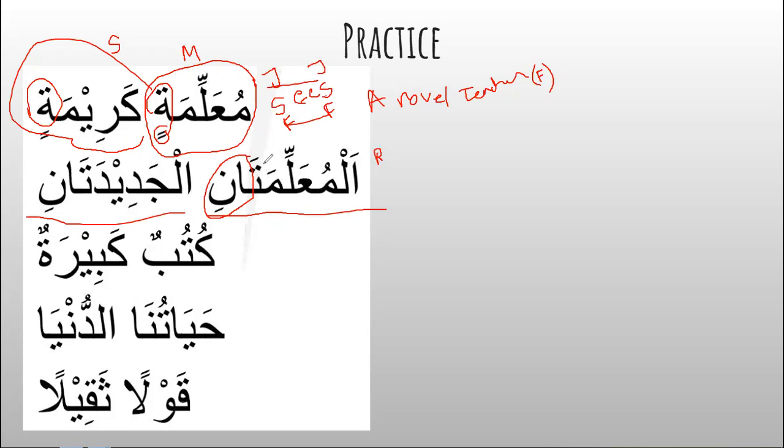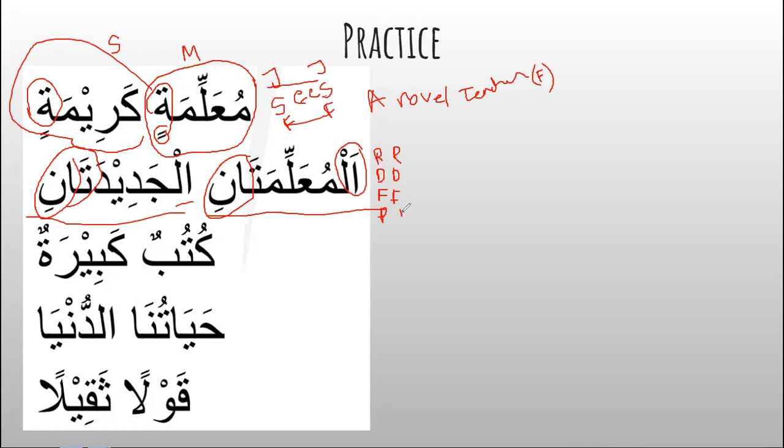Ani ending is rafa dual, and there is a ta here, tani, so it must be feminine, and there is an al over here, that's why it's proper. Now look at this word, al jadidatani, same ani at the ending, tani at the ending, so it's rafa, it's dual, it's feminine, and there is an al over here, that's why it's also proper.